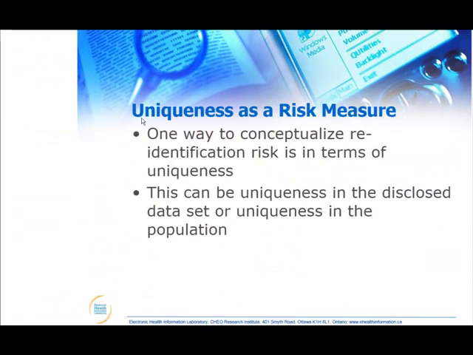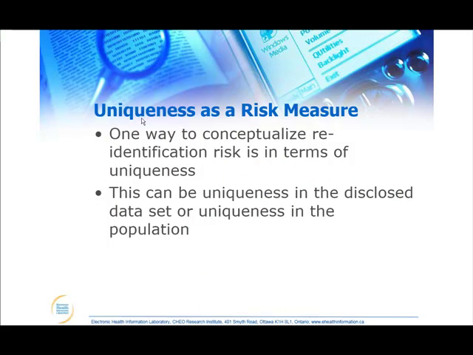Okay, so one way to measure identifiability is to look at uniqueness, and there are really kind of 2 ways to look at uniqueness: uniqueness in the data or uniqueness in the population. Uniqueness means that an individual is unique in your data set.